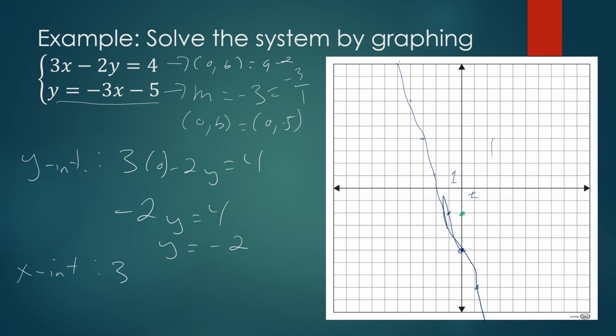So this one, I'm going to let x stay the same, but I'm going to let y be 0. Solving this, I'm going to get x equals 4/3. Because I don't have a more precise scale, I'm going to just estimate. So that would be right around here somewhere.